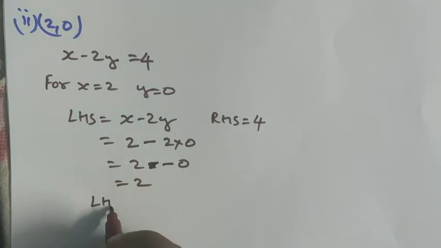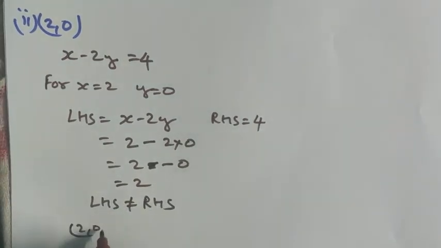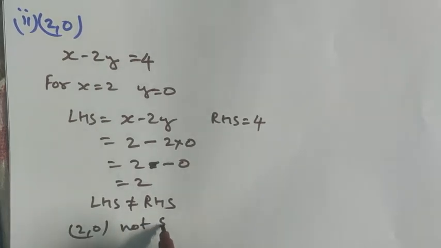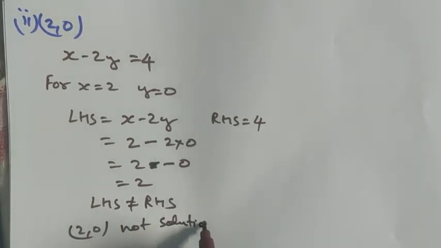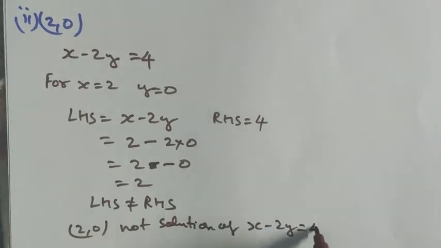So LHS is not equal to RHS. So 2, 0 is also not a solution of the equation x minus 2y equals 4.